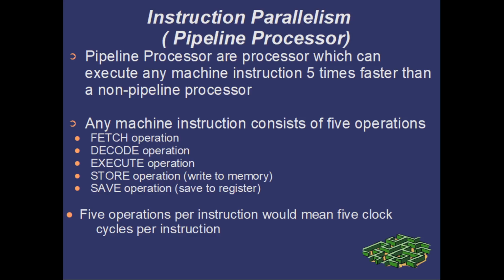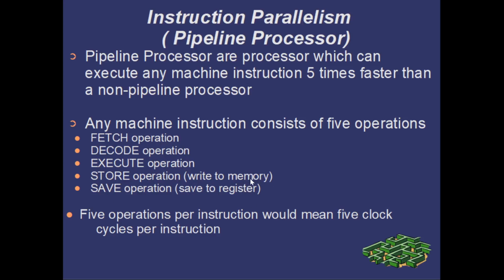So executing is actually executing the instruction. If it is an arithmetic operation, then definitely it will be executed by the arithmetic logic unit, and then the data has to be pulled back by the core. Store and save is basically storing it to the memory and saving it to the register.